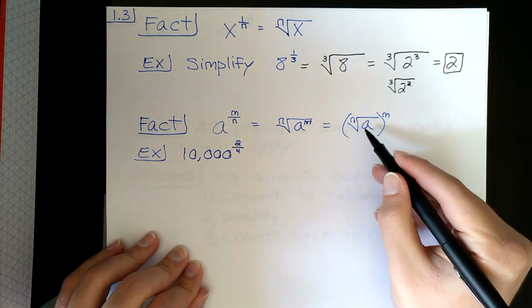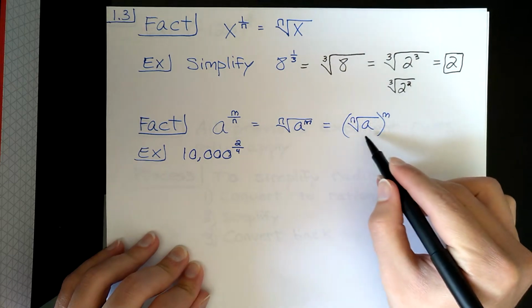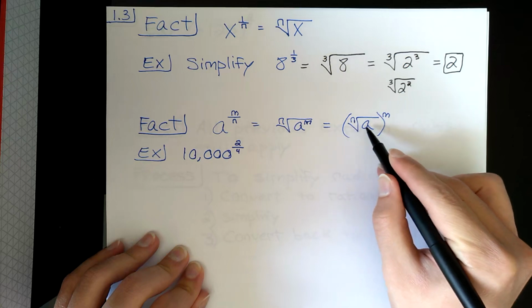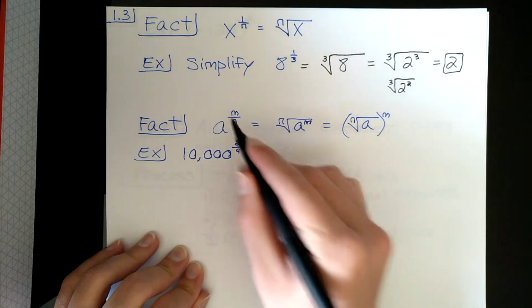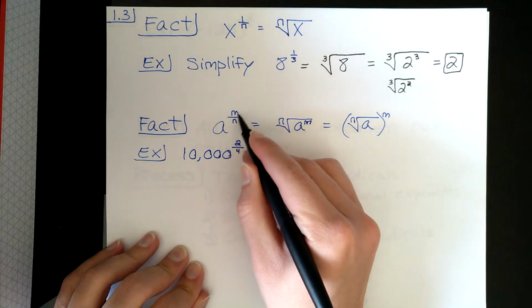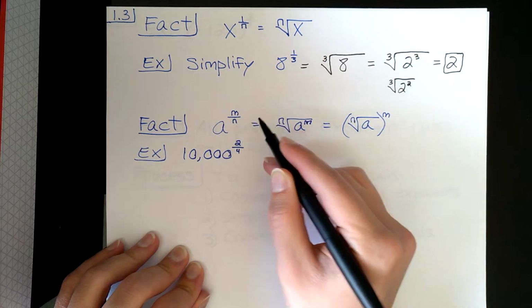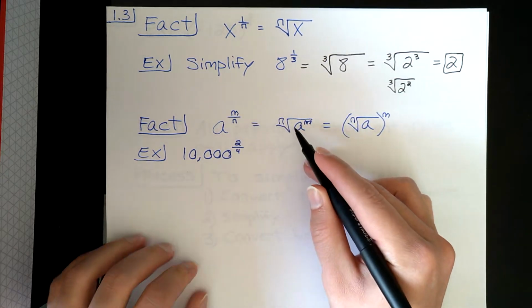We can't simplify, we wouldn't be able to use this case, that is to say, because we wouldn't be able to simplify the cube root of 4. We would need this case. We would first have to evaluate the numerator of our exponent, and then we could start simplifying the root.